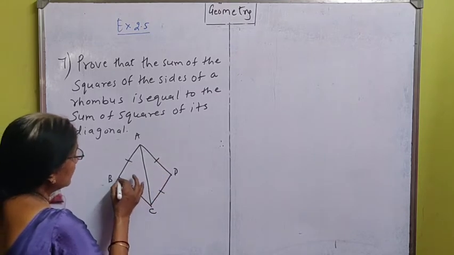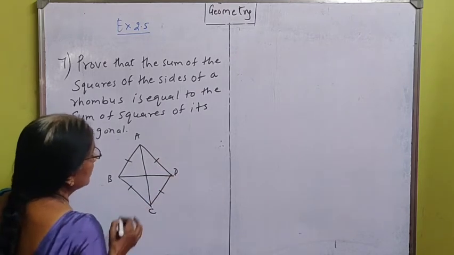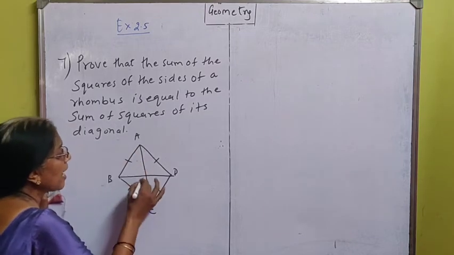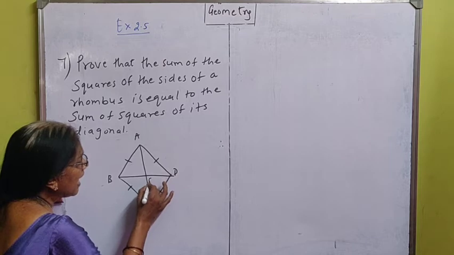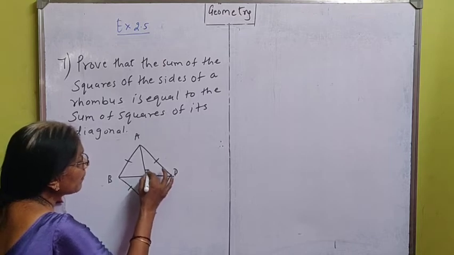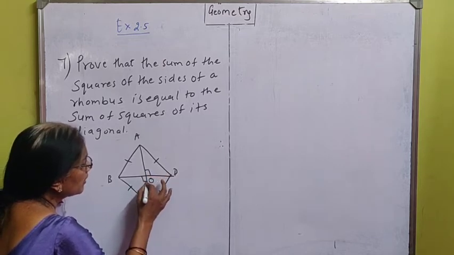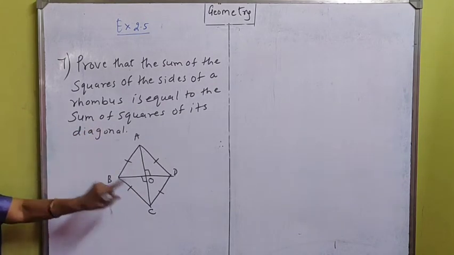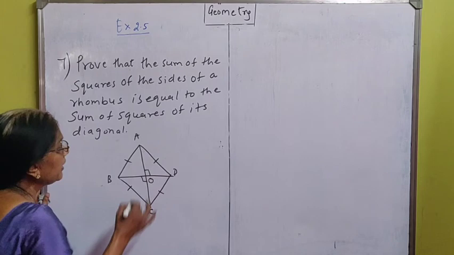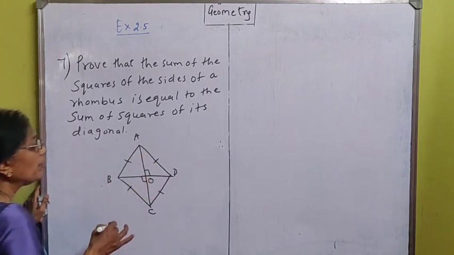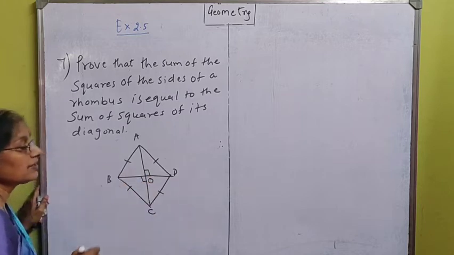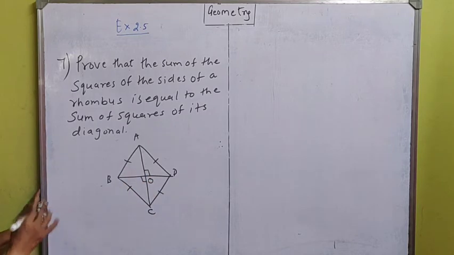AC is one diagonal, BD is another diagonal, and both these diagonals bisect each other at O and they are perpendicular. Perpendicular means they are forming a 90-degree angle. So angle AOD is 90 degree, angle AOB is 90 degree, angle BOC is 90 degree and angle DOC is 90 degree. So let us write it down.